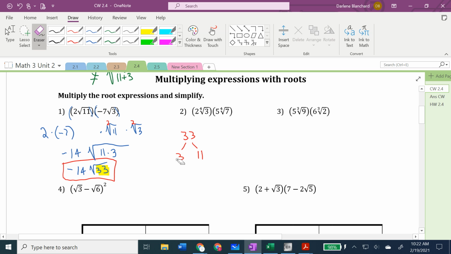Now let's move on to number 2. Just like with number 1, I can take the numbers that are not under the root and multiply them together. 2 times 5 gives me 10. Then I have 2 fourth roots. They are the same exact index root.